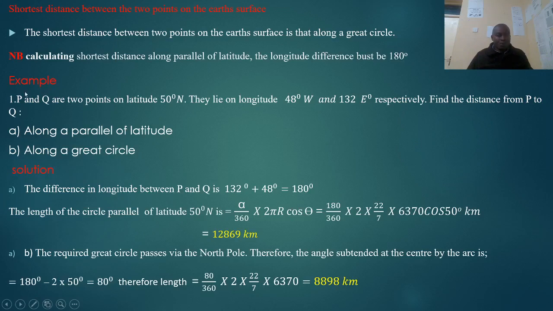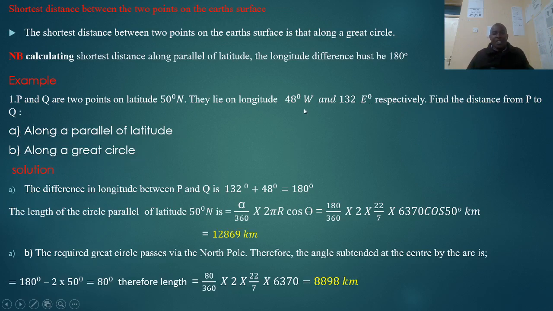An example: P and Q are 2 points on latitude 50 degrees north. They are both on latitude 50 degrees north. They are on longitude 48 degrees west and 132 degrees east respectively. Find the distance between P and Q, A along the parallel of latitude, B along a great circle.